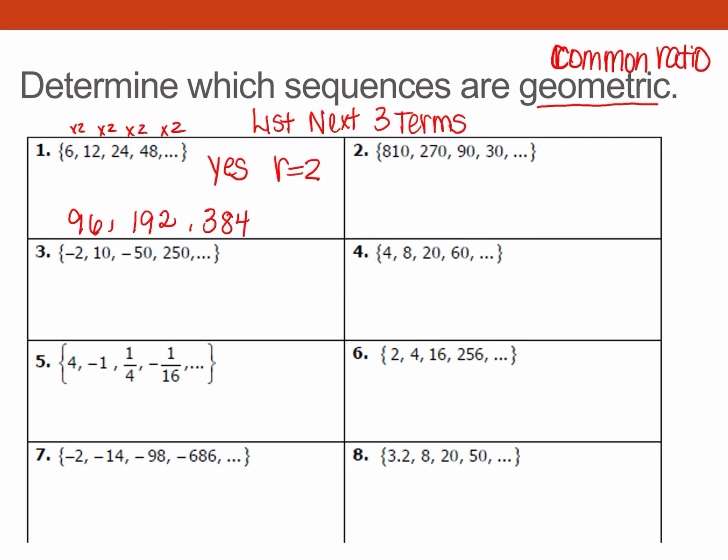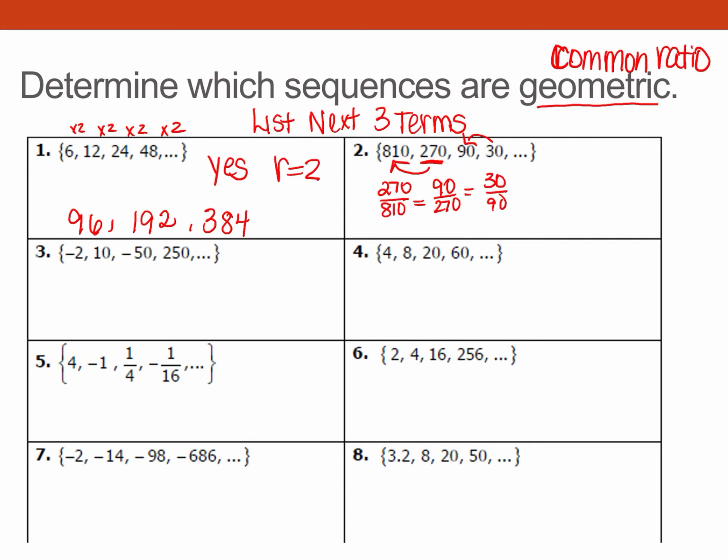Okay, and number 2, if you look right here, you might say, I'm not sure if that is geometric. The actual way to determine it is you take your term and divide it by the term in front of it. So 270 divided by 810 has to be the same as 90 divided by 270, which has to be the same as 30 divided by 90.